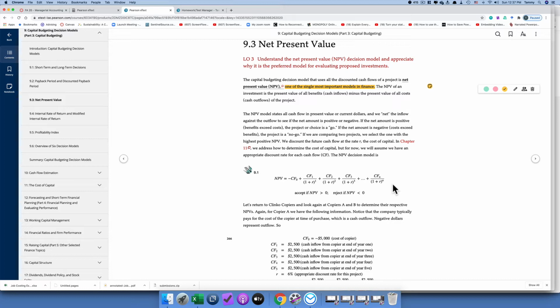And because you are choosing an appropriate discount rate, your cost of capital, then you will accept a project if it has a net present value of greater than 0. You will accept a project that has a net present value of 1 penny.